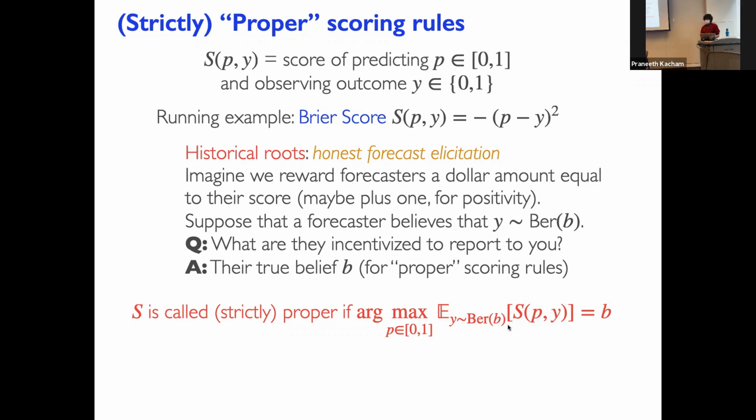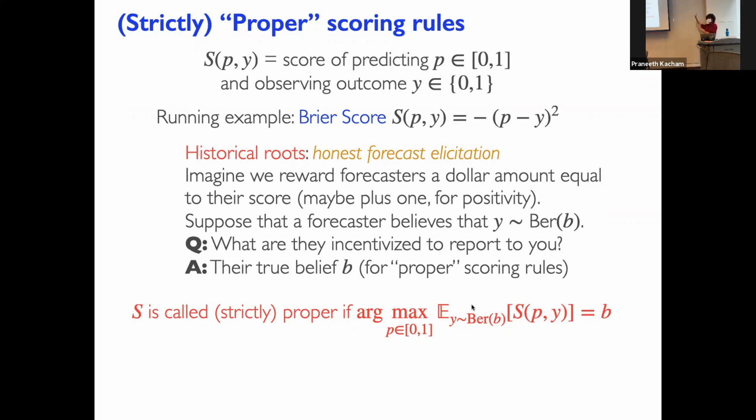And you can ask, what value of p, which is what they report, maximizes their expected reward if they think that the truth is b? And the answer is b itself. If they report anything other than b, they will actually get a lower expected reward. That's a simple thing to check for yourself. Essentially, this says that if a forecaster wants to maximize their expected reward, then they will report the truth.